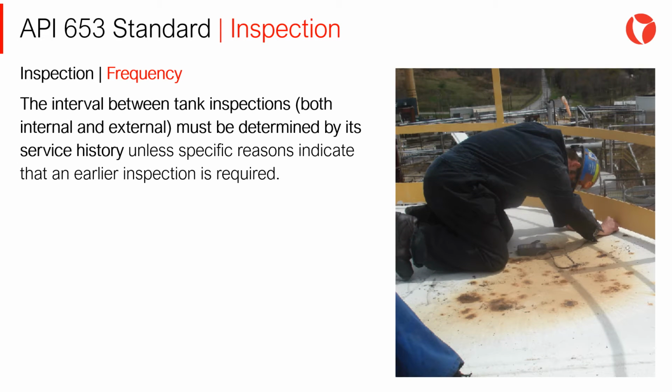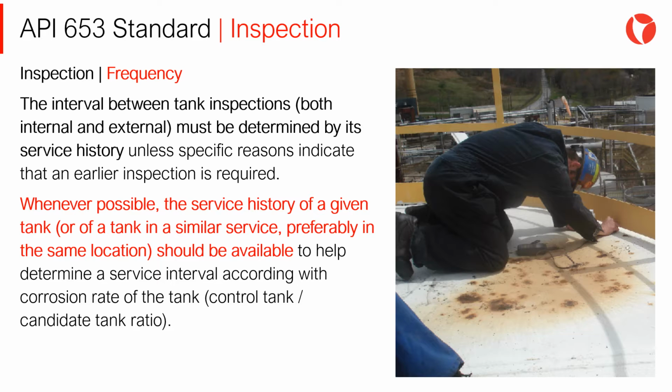The interval between tank inspections, both internal and external, must be determined by its service history unless specific reasons indicate that an earlier inspection is required. Whenever possible, the service history of a given tank or of a tank in a similar service, preferably in the same location, should be available to help determine a service interval according to the corrosion rate of the tank, control tank, candidate tank ratio.